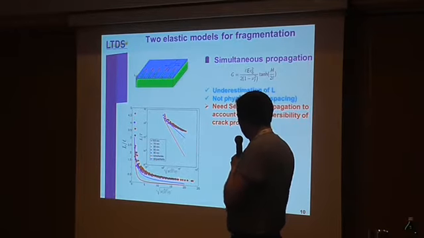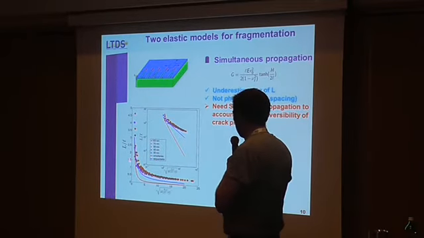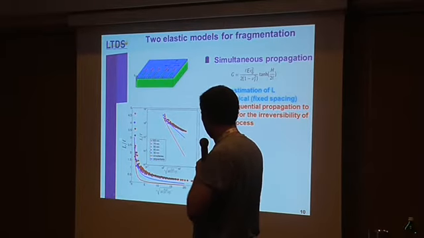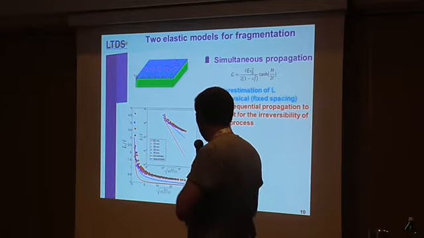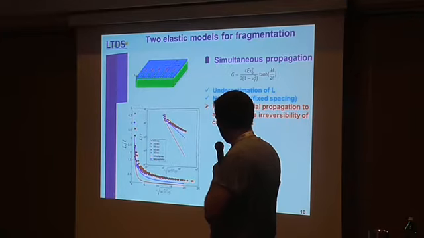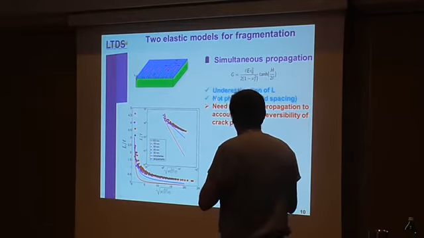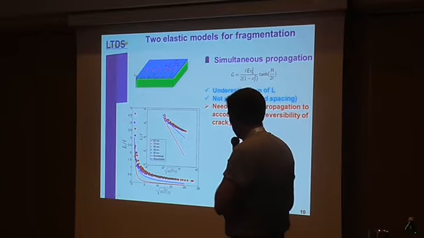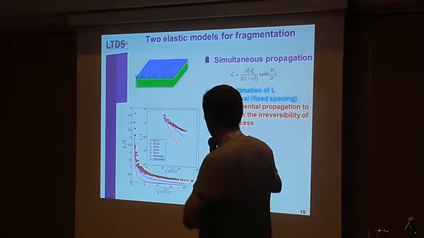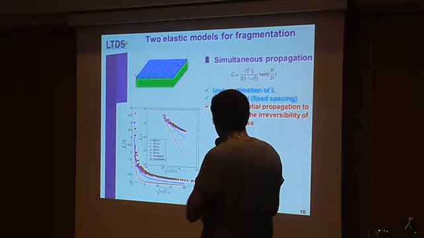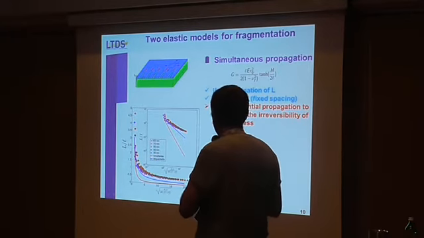So if we try to understand this evolution of the crack spacing as a function of the strain, here I plot the same data in a normalized plot. All the curves follow the same master curve. We can try to use very simple models from the literature, again from the paper of Xia and Hutchinson. The first model they propose is that all cracks propagate simultaneously.